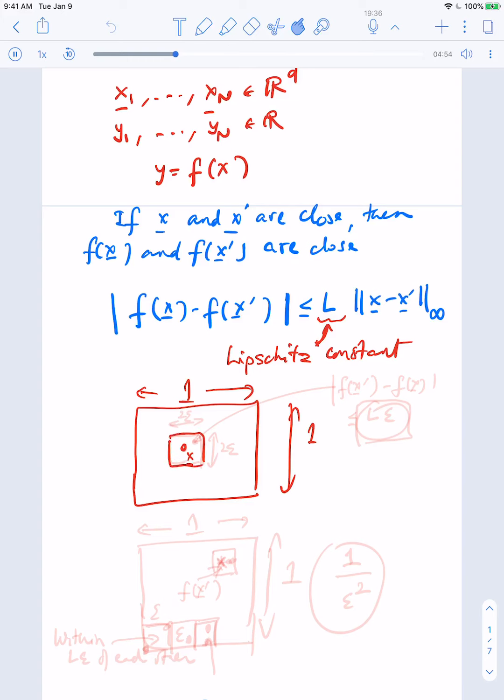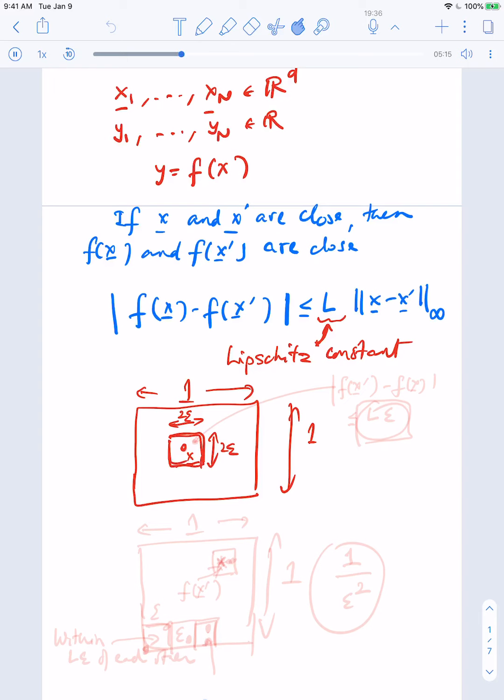Then I could draw a box around it of, say, size 2 epsilon, because in any direction the difference in the coordinate cannot be more than epsilon.